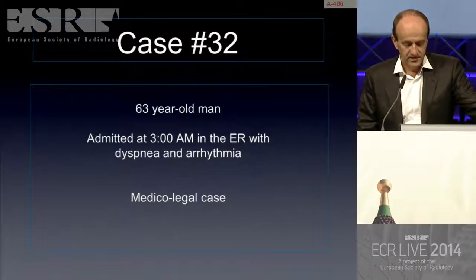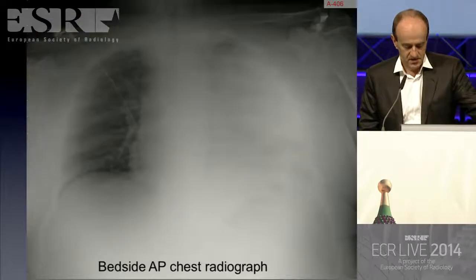It's a 63-year-old man. It's 3 o'clock in the morning. He comes in the emergency room with dyspnea and arrhythmia. This is a medical legal case. A bedside chest radiograph is obtained.